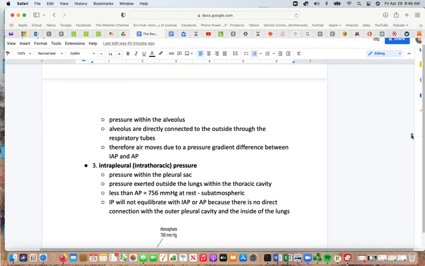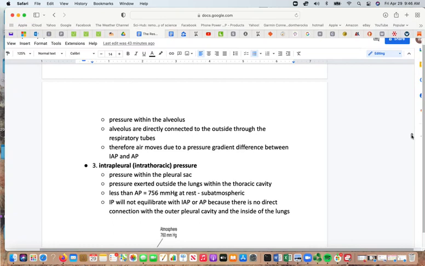The intrapleural pressure or intrathoracic pressure is the pressure within the pleural sac. This is the pressure exerted outside the lungs within the thoracic cavity. So it is going to be less than the atmospheric pressure. It's 756 millimeters of mercury at rest.